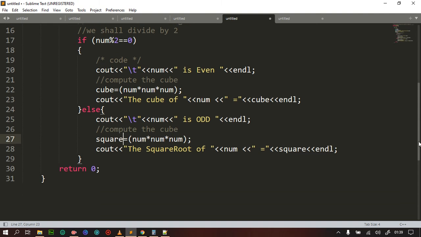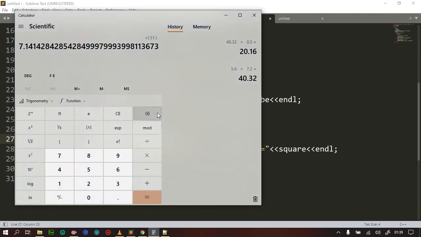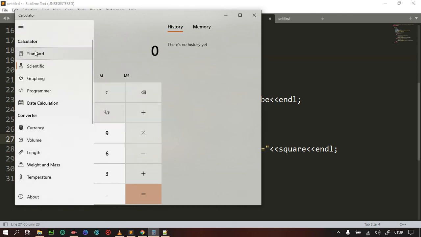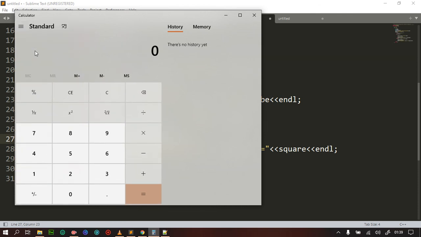Now square root, like you see here, it uses this. Okay, scientific. Let me try and see standard. 51 square root. We are getting the same. Okay, so it means our testing value is going to be 51, and this is what we should expect.